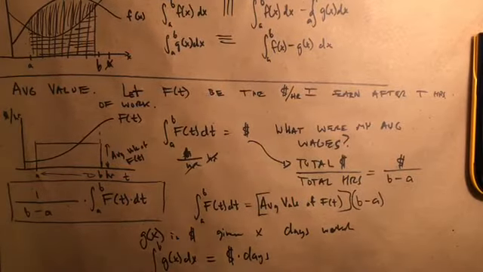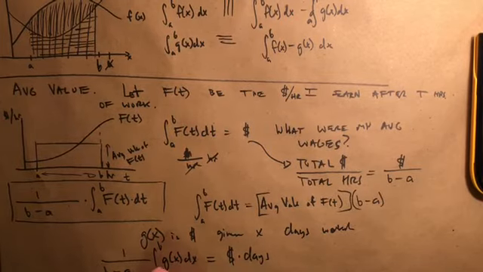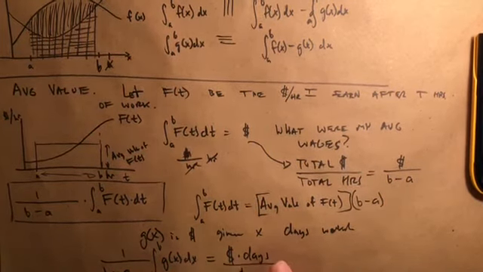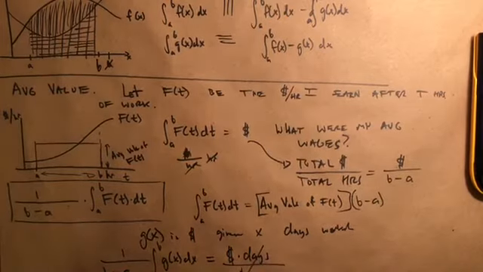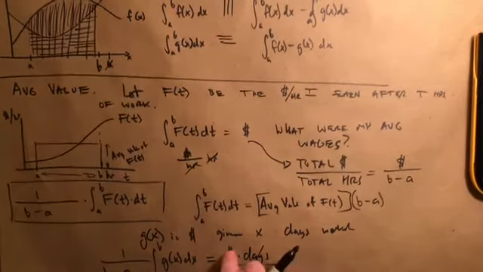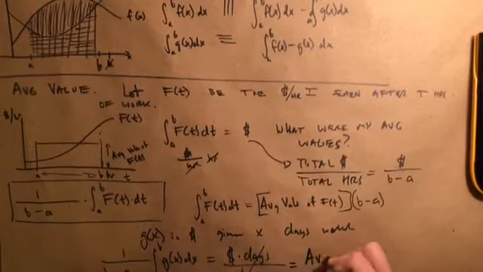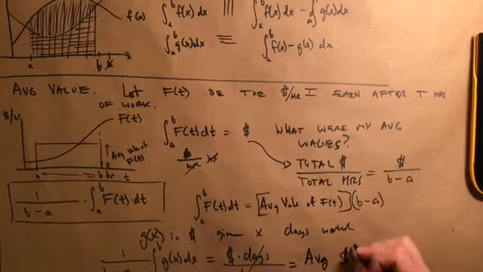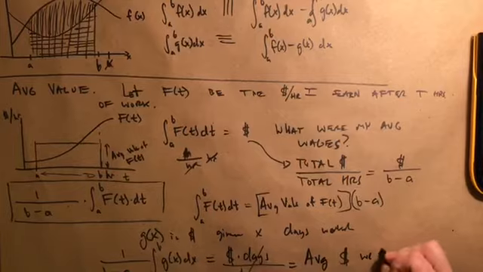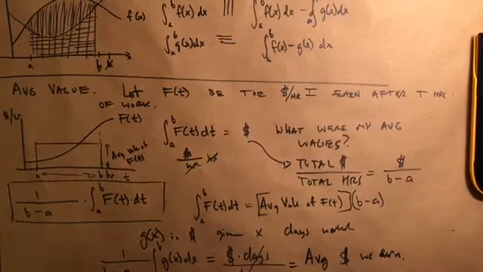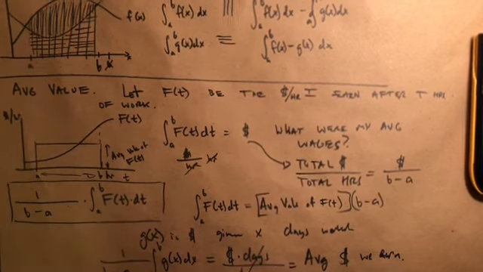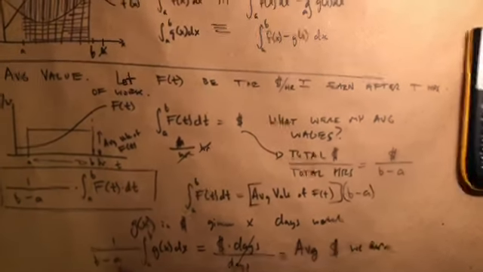And that unit is complete junk. But if I divide that by b minus a, and the unit there is days, the days will cancel, and this will give us the average dollars we earn. So this will go regardless of the function. I can play this game and I can obtain an average value.